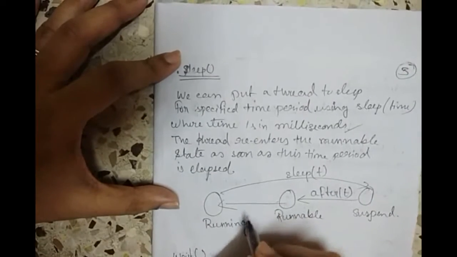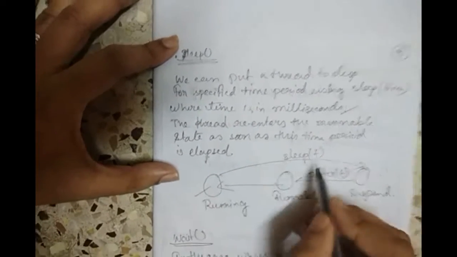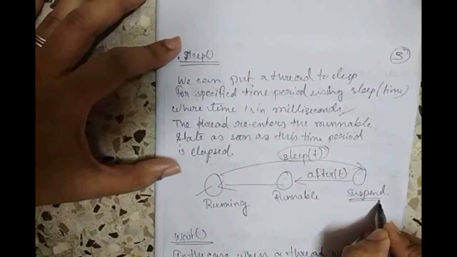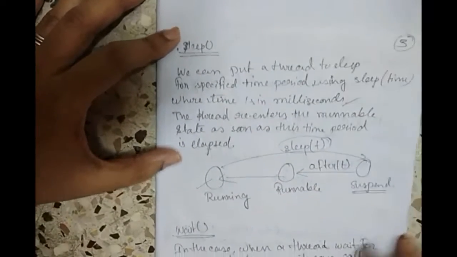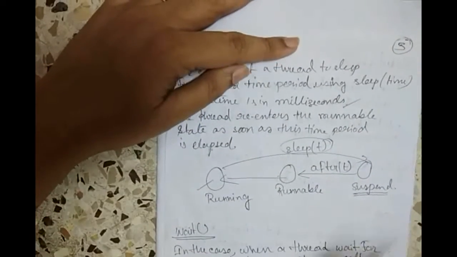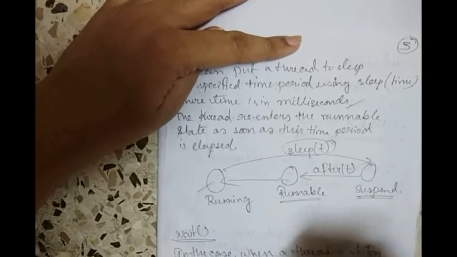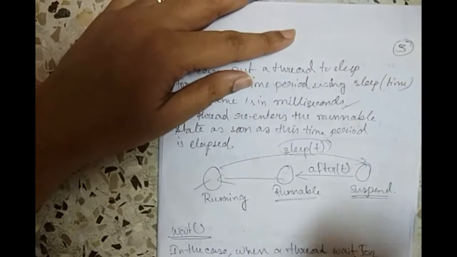So a running thread can call the sleep method, and it will go to the suspended state, and when the time period elapses, it goes into the runnable state. That is, the thread is ready for execution.